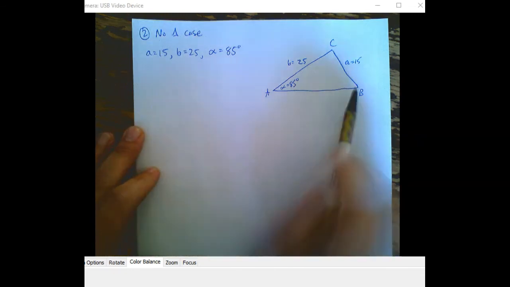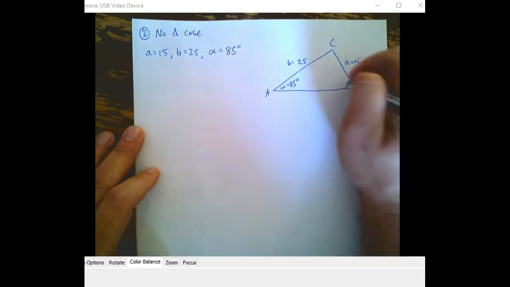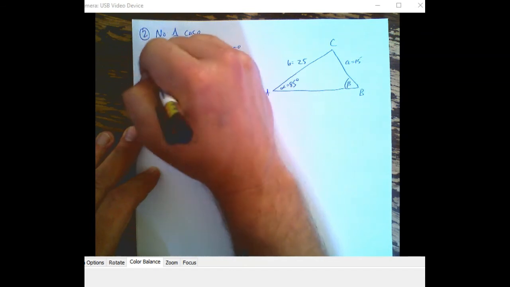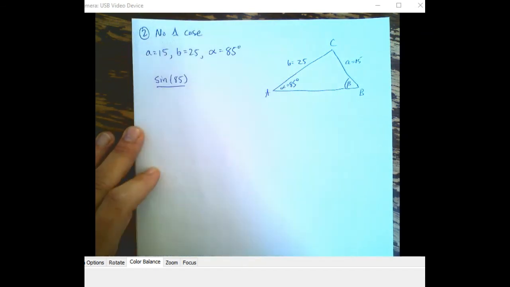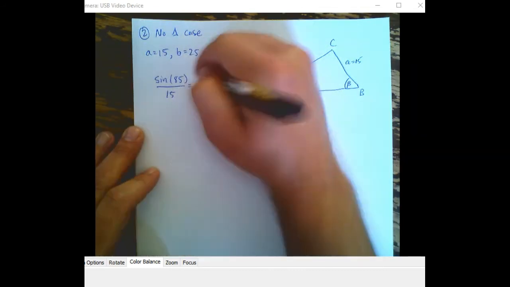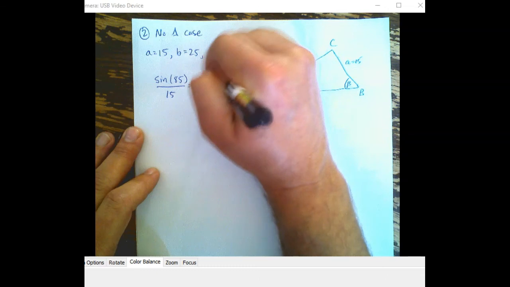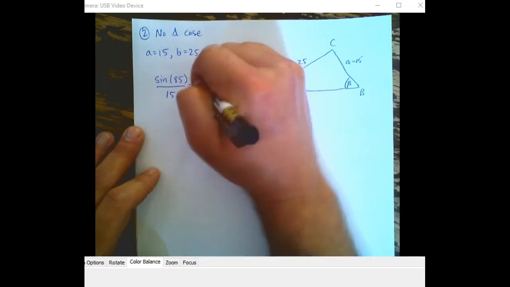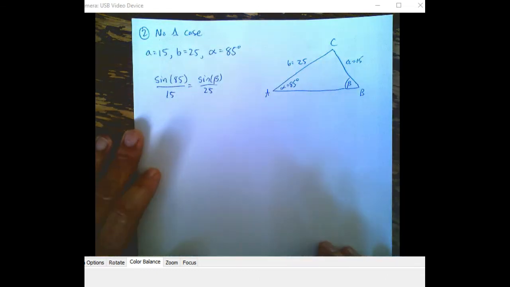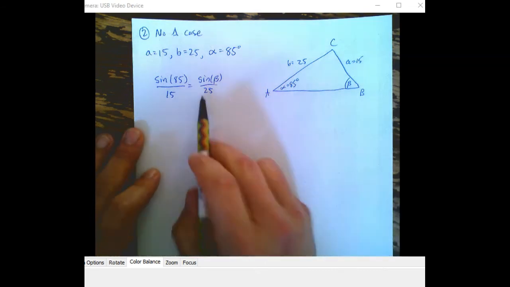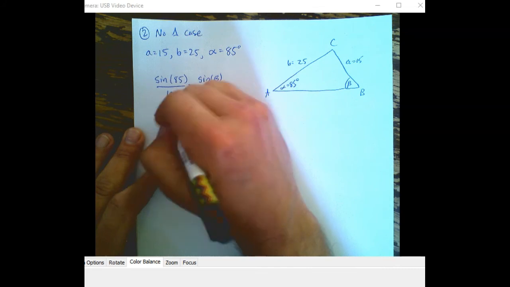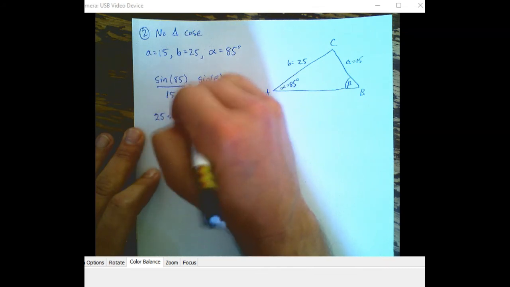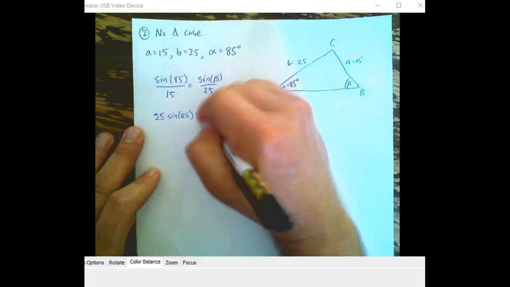So let's do a law of sines to figure out what beta is. What is beta? So you know the sine of alpha, 85, over little a, which is 15, equals sine beta over little b, 25. All right. Cross multiply, we'll get 25 sine 85 equals 15 sine beta.